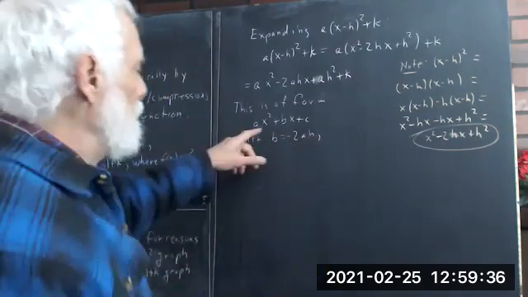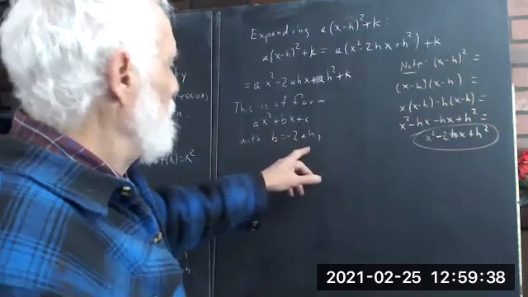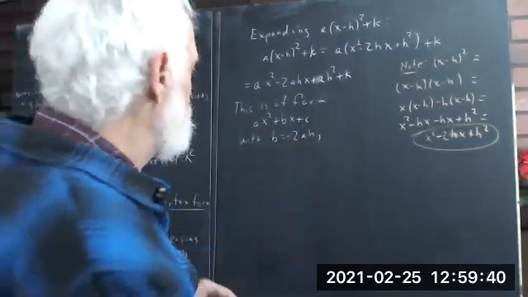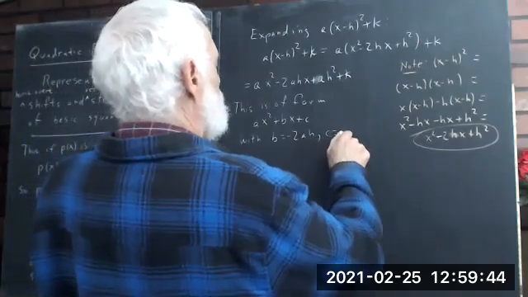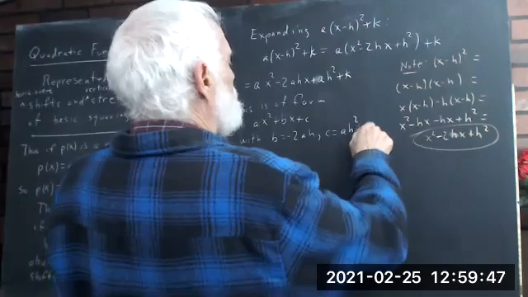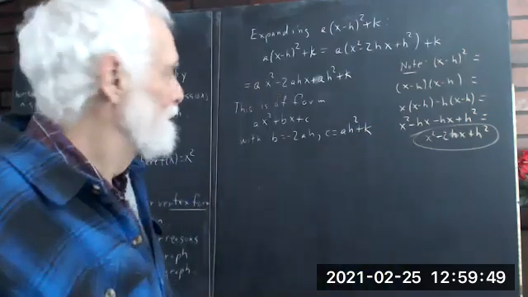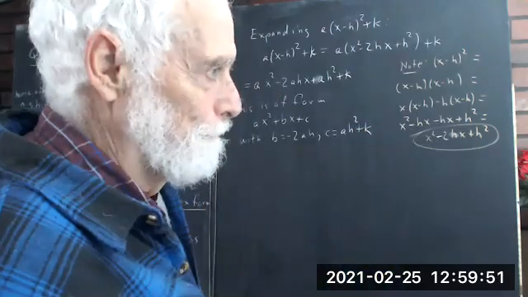Okay, this is the form ax squared plus bx plus c with b equal to negative 2ah and c equal to ah squared plus k.